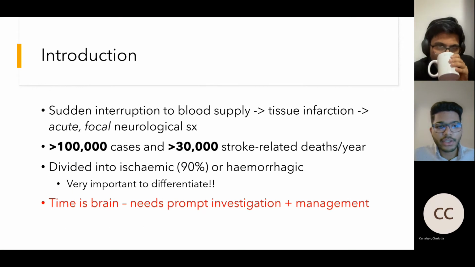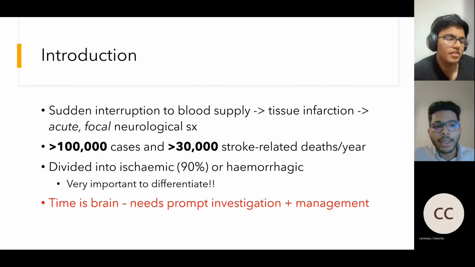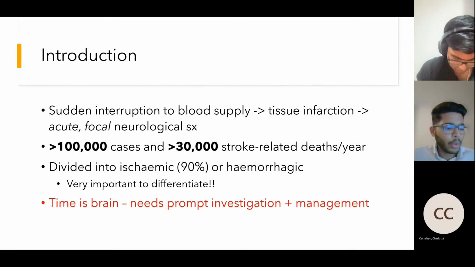So just a bit of an introduction. This bit I'm just going to talk at you. But basically, a stroke, as you are probably aware, is a sudden interruption in the blood supply to the brain. And for obvious reasons, that causes all kinds of problems, mainly because you lose an incredible number of neurons with every minute that passes that the brain is starved of oxygen. Therefore, it's really important you recognize strokes quickly and that you treat them promptly.